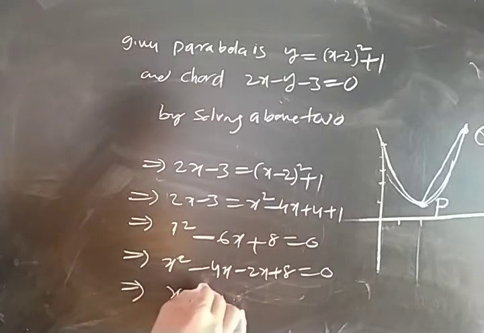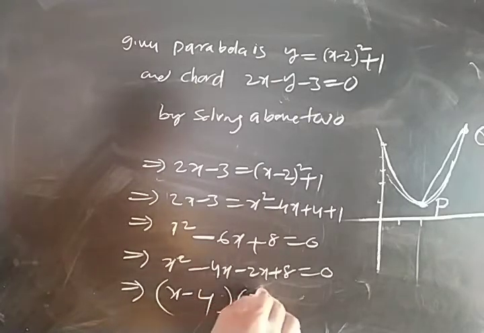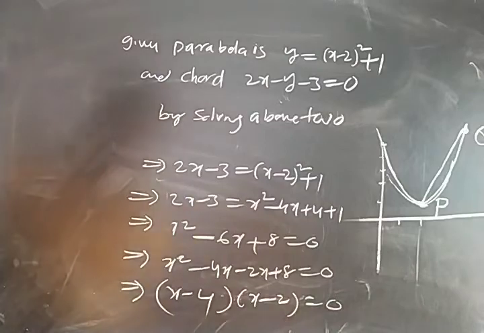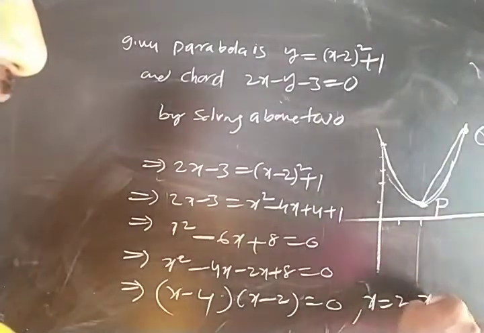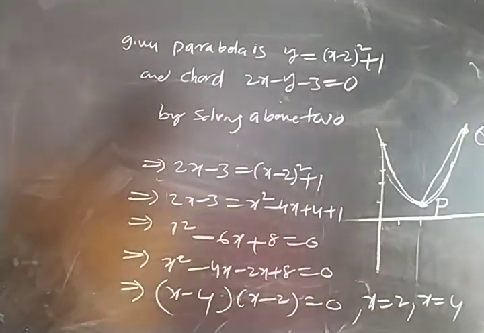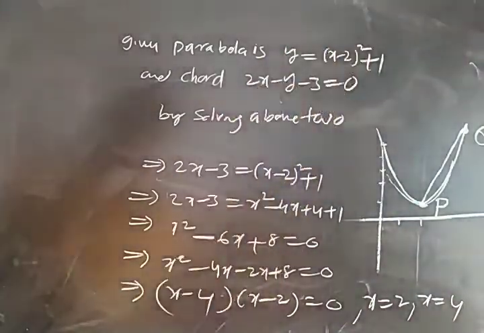So x minus 4 is one factor and x minus 2 is another factor. So x is equal to 2 and x equal to 4. If you put x equal to 2, we will get the P point. If you put x equal to 4 in the curve or chord, we will get the y value.